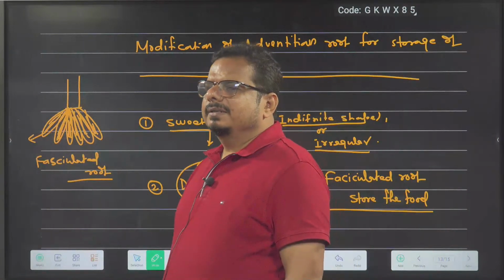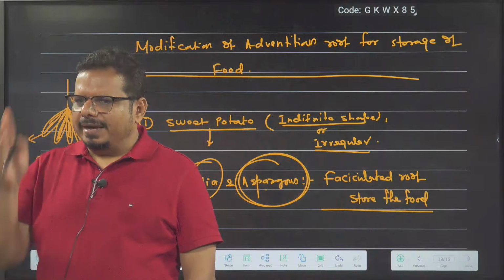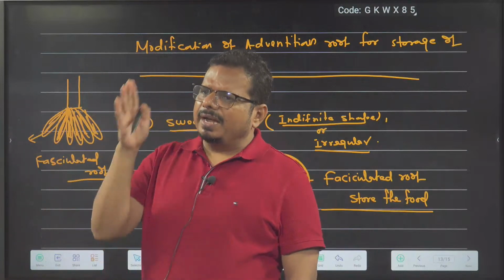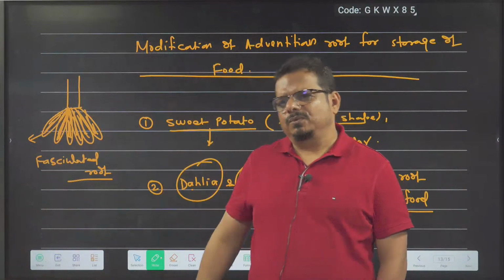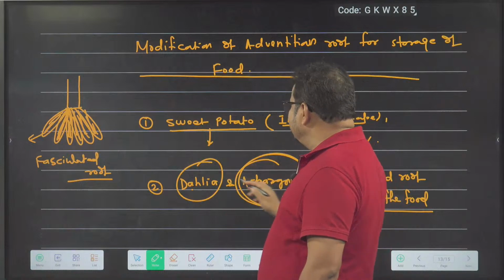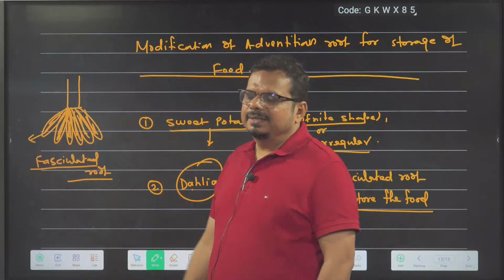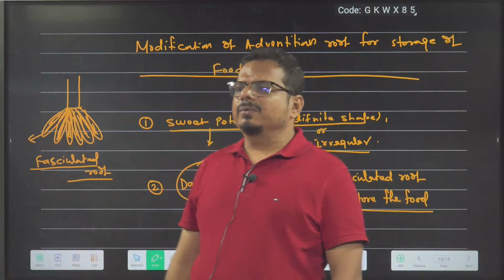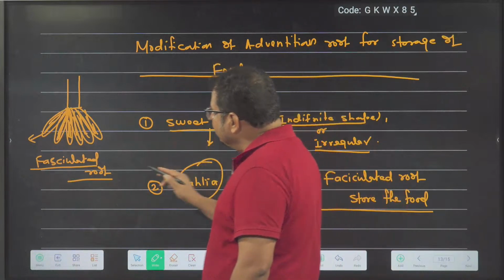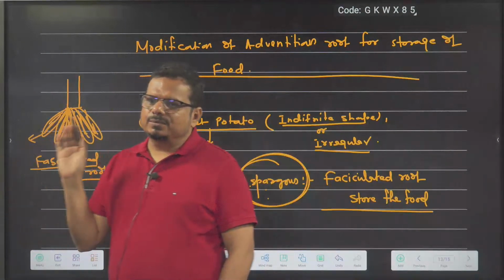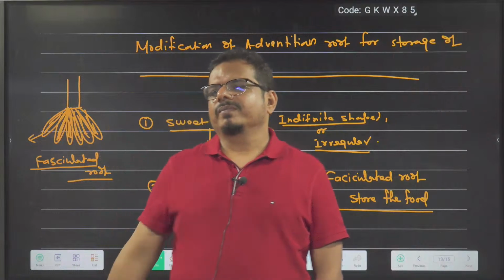Sweet potato, dahlia, and asparagus are modifications of adventitious root for storage of food. In both dahlia and asparagus, the fasciculated type of root is there. That word is not written in NCERT, but keep it in mind: the fasciculated type of root is present in dahlia and asparagus for storage of food.